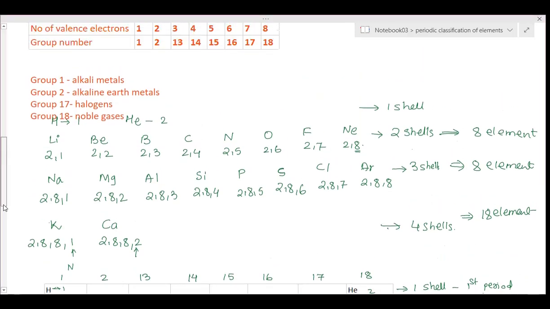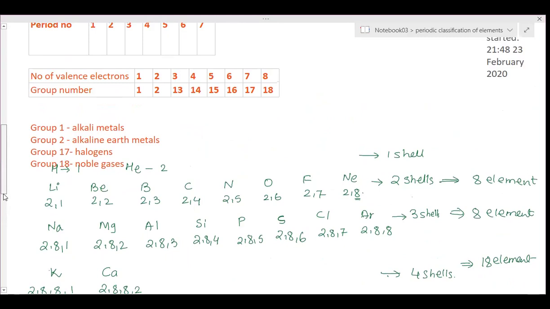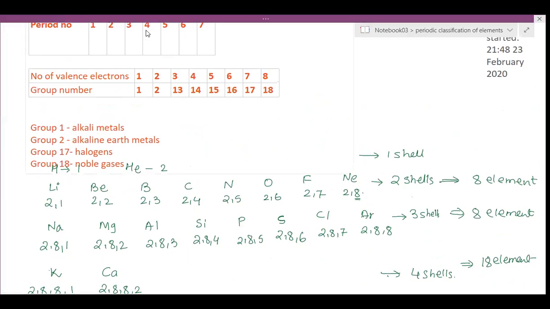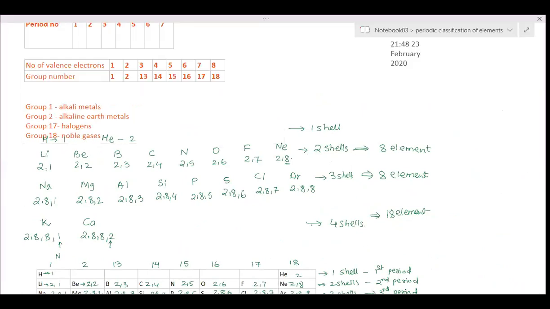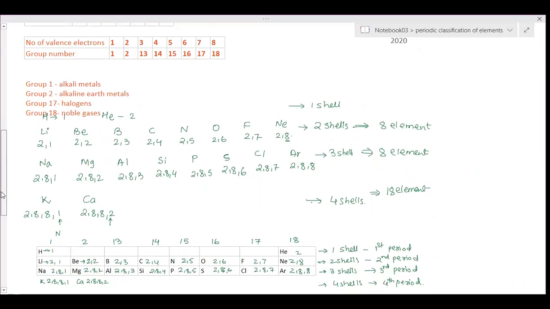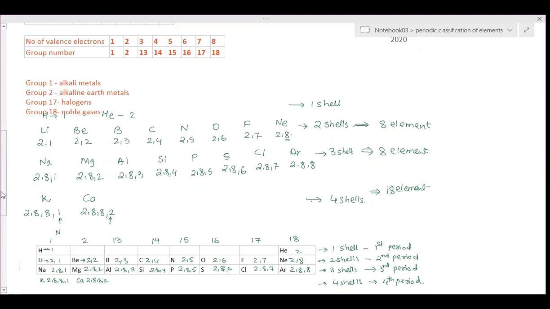One second. You should write only the table. Yeah, this table. This one is the same, only written in table form.